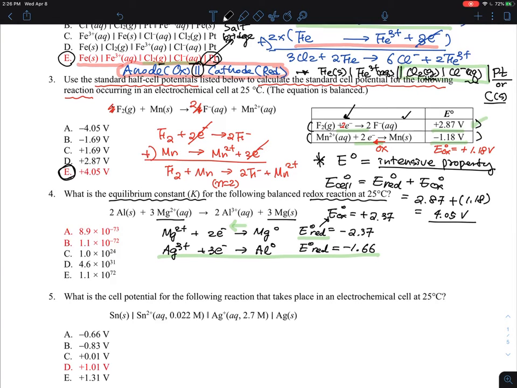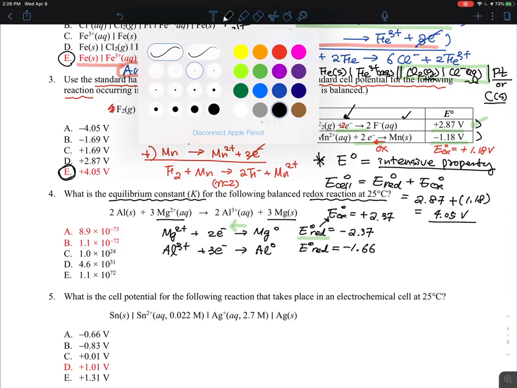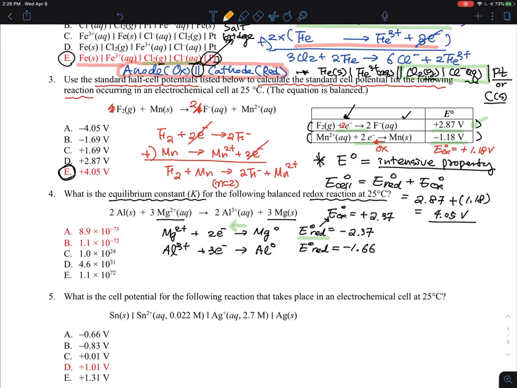So the aluminum 3 plus is actually being reduced. We just have to follow the notation that is shown up here, and then we can think about things happening in the reverse way.